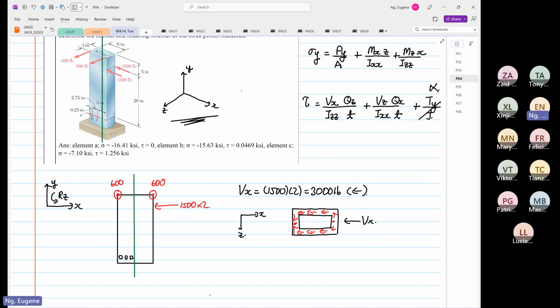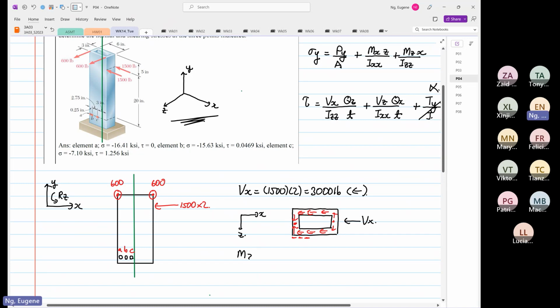So from here, we have element A, element B, and element C.